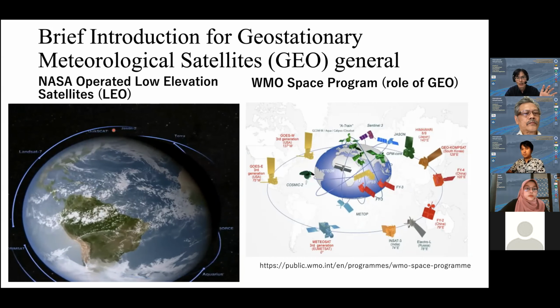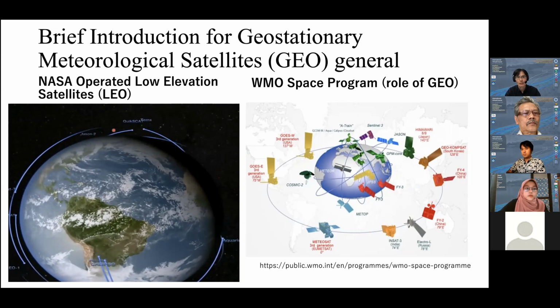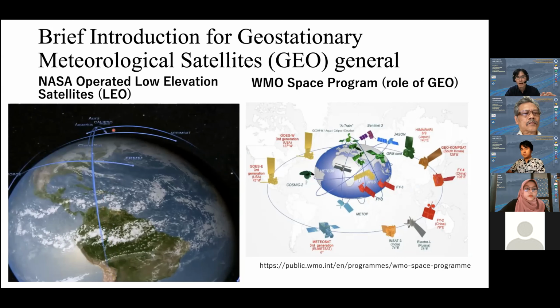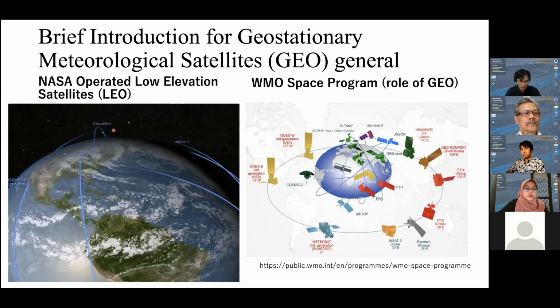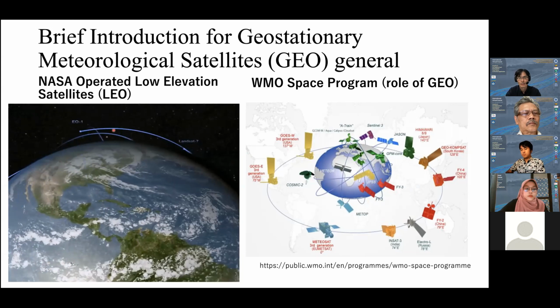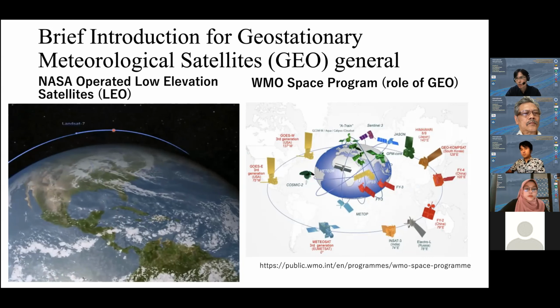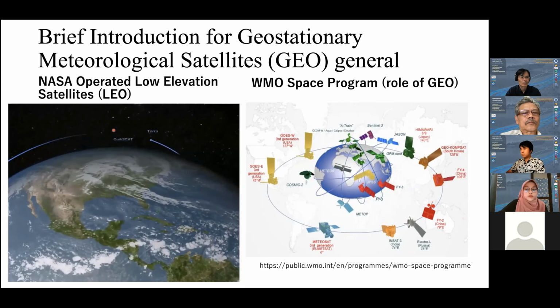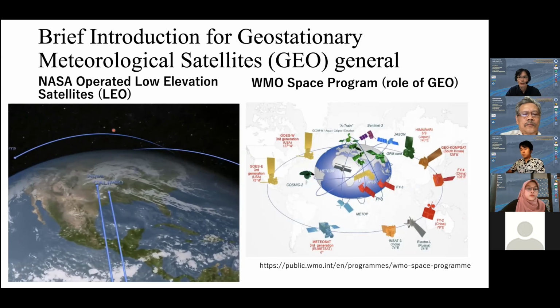The left movie is a virtual movie of the Earth with satellites rotating around it, produced by NASA or NOAA. Many satellites orbit in a polar orbit like this.